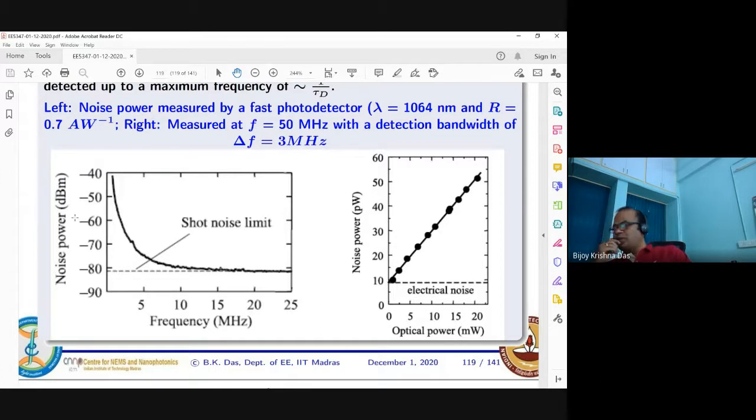It's a smaller unit of power. You have to convert the power into milliwatt. It can be watt, microwatt, picowatt, any scale, but you convert that into milliwatt.